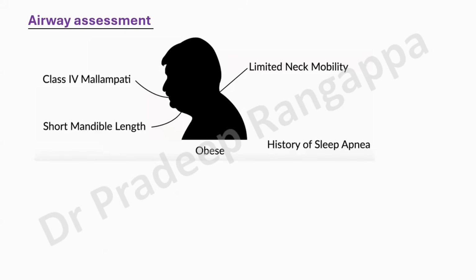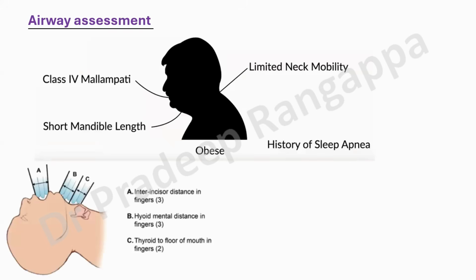Before intubation, always assess possible difficulty of intubation by looking at the mandible, whether there is retrognathia, whether the patient is obese, whether there is limited neck mobility, whether there is a history of sleep apnea, and Mallampati, which most of you are familiar with. The simplest way is to look at the rule of three: whether you are able to insinuate three fingers between the two incisors, or two fingers from the thyroid to the floor of the mouth, or three fingers in the hyomental distance, to determine whether the intubation is going to be easy or not.